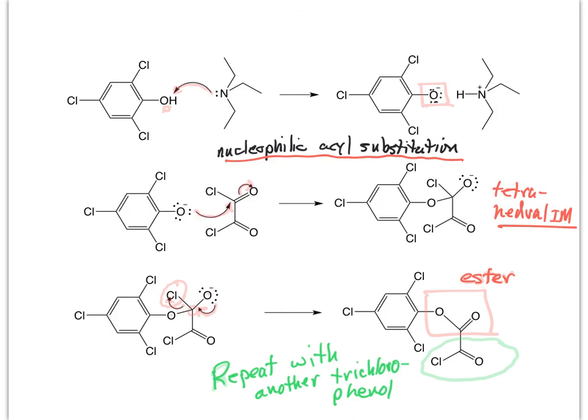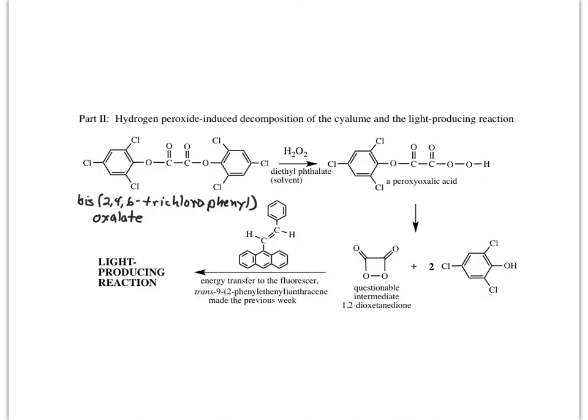And then you will get your final product. Here is that product, the bis 2,4,6-trichlorophenyl oxalate, our product with two ester groups. There's one attached, there's our other ester, so it is a diester.